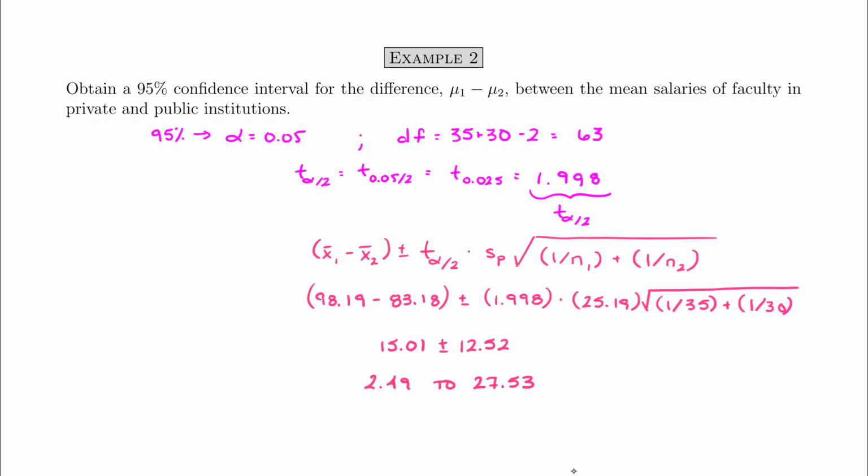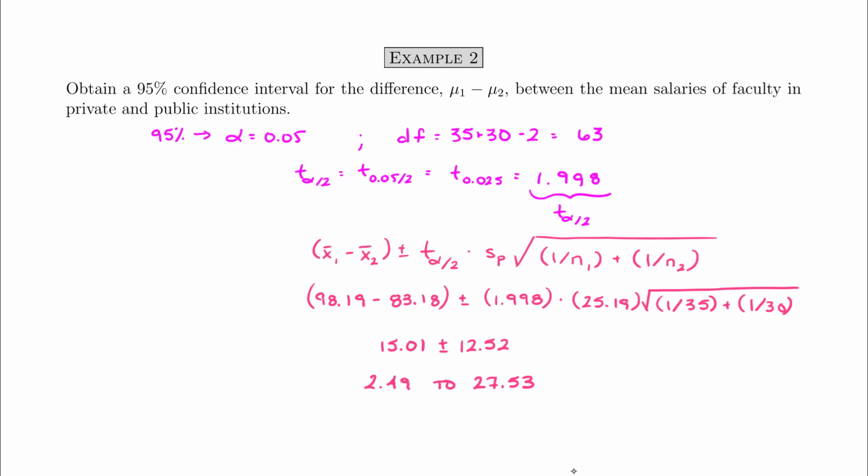So that generates our confidence interval of $2,490 to $27,530. And as far as our interpretation goes, we can say that we are 95% confident that the difference between the mean salaries of faculty in private institutions and public institutions is somewhere between $2,490 and $27,530.